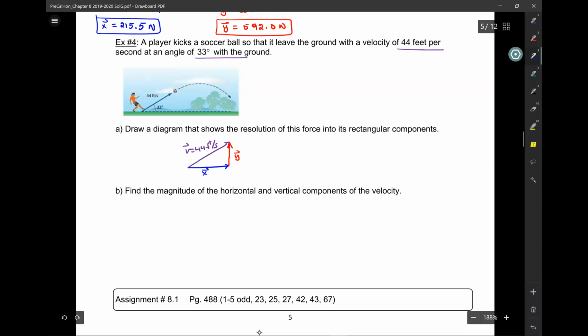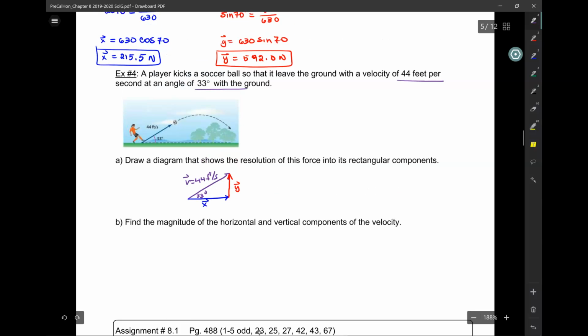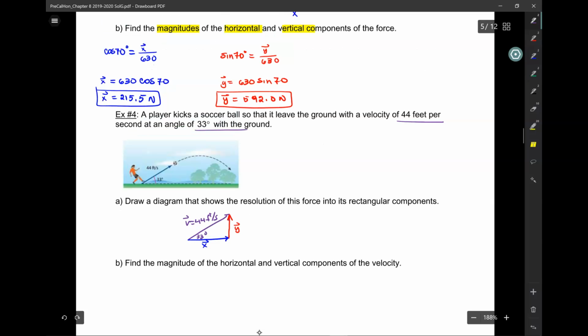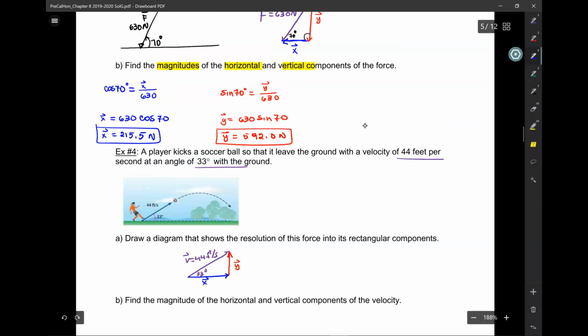So now, this is y, this is x. Oh, I forgot one thing. I'll go back to the other one. And here I have to say 33 degrees. Okay? Here, I have wrong notation up here.